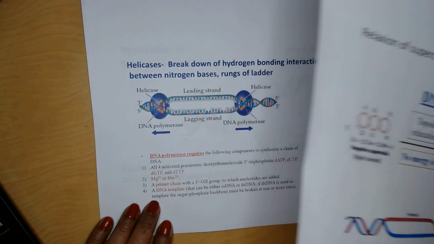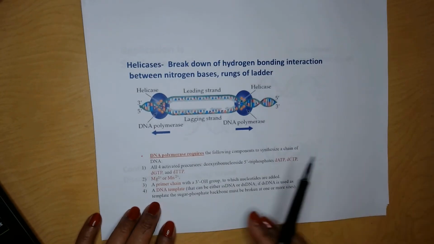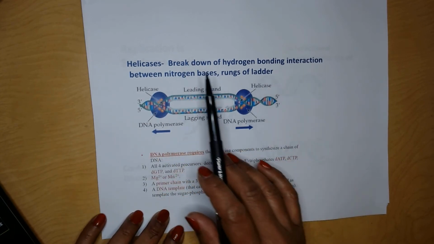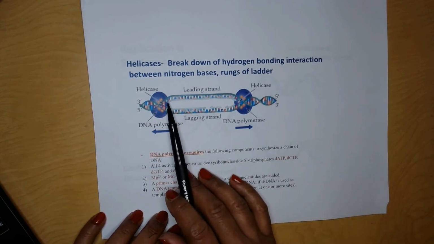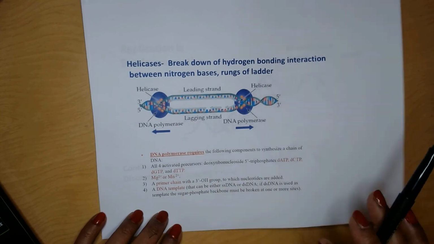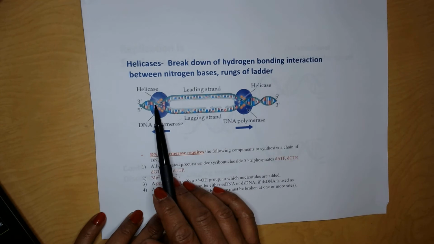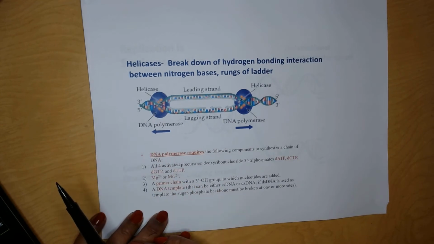The next step is to use the enzymes called helicases, and we already have said that these enzymes are in charge of melting or dissolving the hydrogen bonds between the nitrogen bases. So we will need to use helicases to separate the hydrogen bonds between the nitrogen bases.